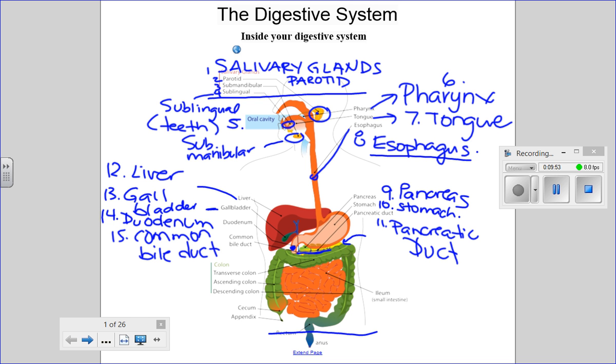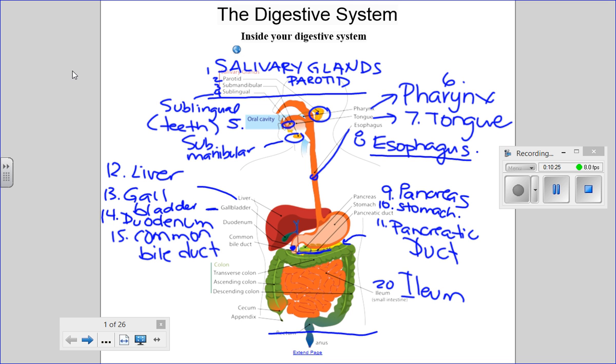But your intestines are both divided into 3 sections. On this particular diagram, over here where number 20 is, we see the ileum. And then just due to the way the picture is oriented, we don't see the other section of the small intestine specifically, and that's because they're wrapped over top of each other.